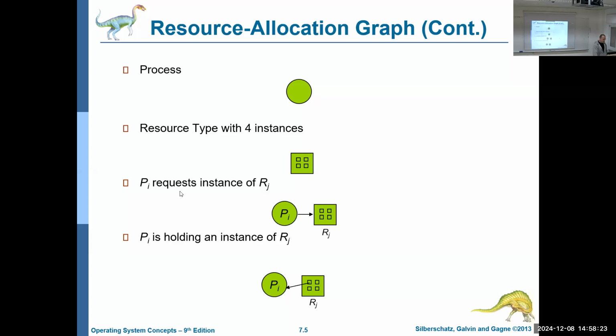If P requests the resource, that's an arrow pointing from P to the resource. If P is holding the resource, then it's an arrow from the resource to P, which means he's got it. If there are individual instances, we draw the line to the particular one, like in this picture.